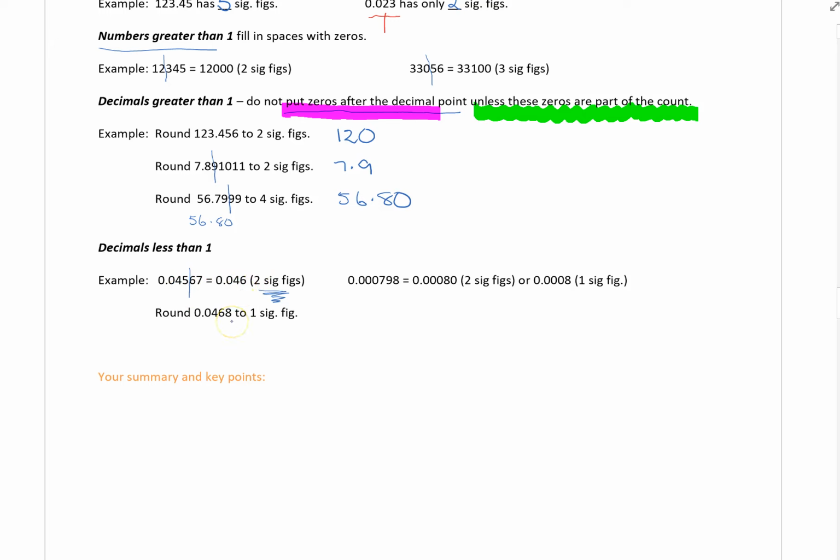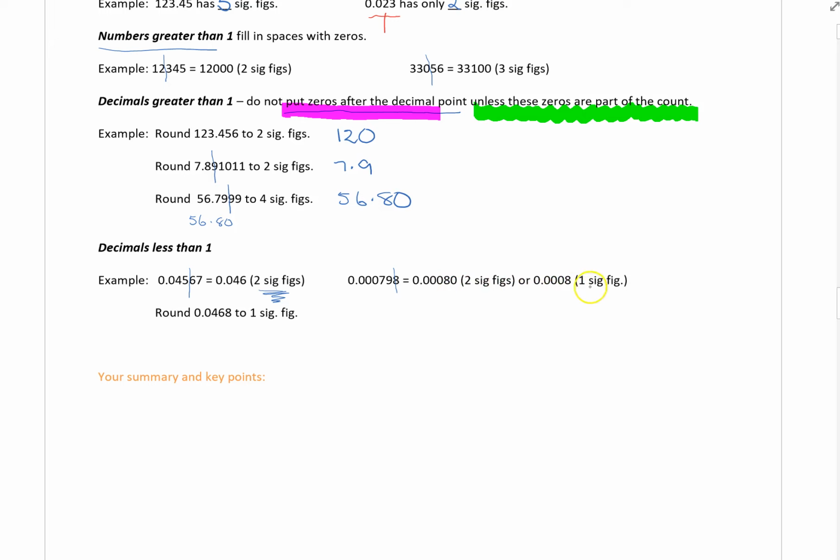With this one, we would say in its first form, it has 3 significant figures, and again we're asked to round it to 2, and so that means we're going to cut off that last 8, which will impact on the 9, and again send that to 80, and we do need the 0 because it is part of the count.